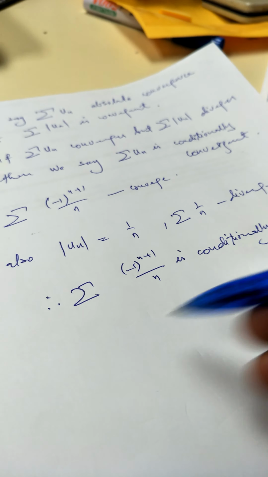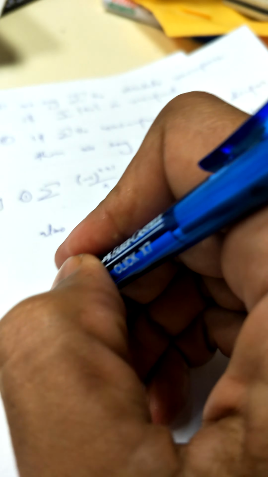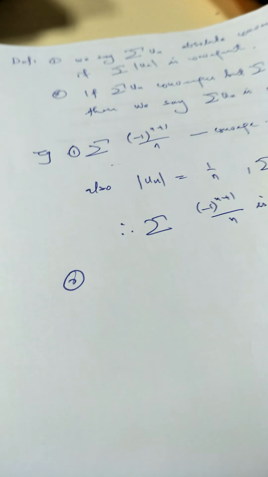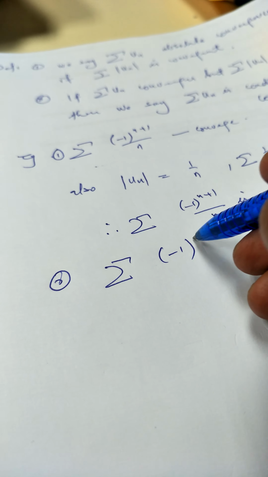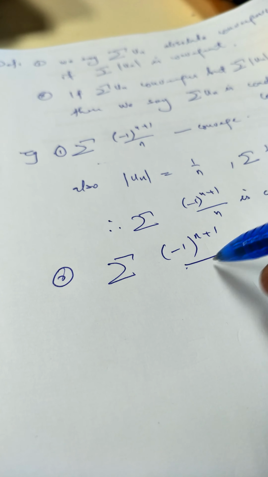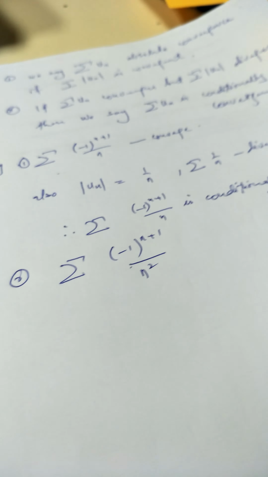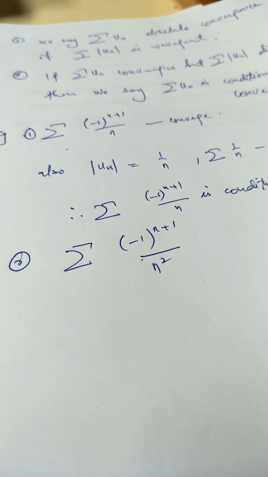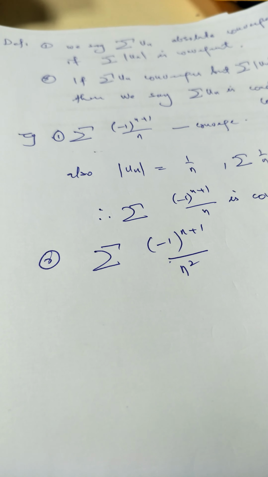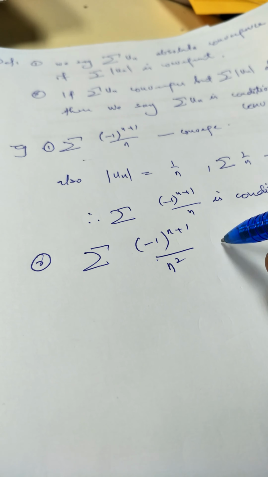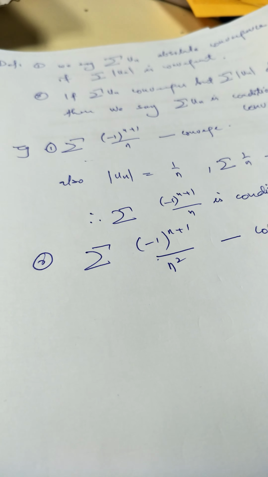Another example, this is the first example, this is the second example: if you consider the series (-1)^(n+1) over n squared, this series converges.